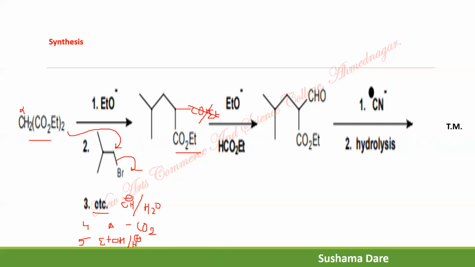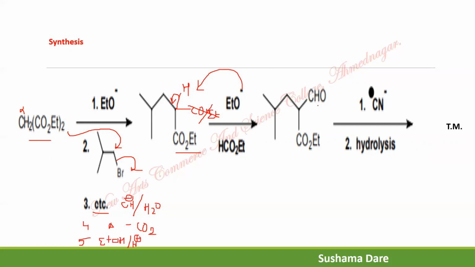Now next part is what? Again, this proton has to be abstracted by the base, and then after generation of the carbanion here, next you have to attack it on ethyl formate and depart the ethoxy group, so that it gives you a CHO, introduction of the aldehyde functional group.